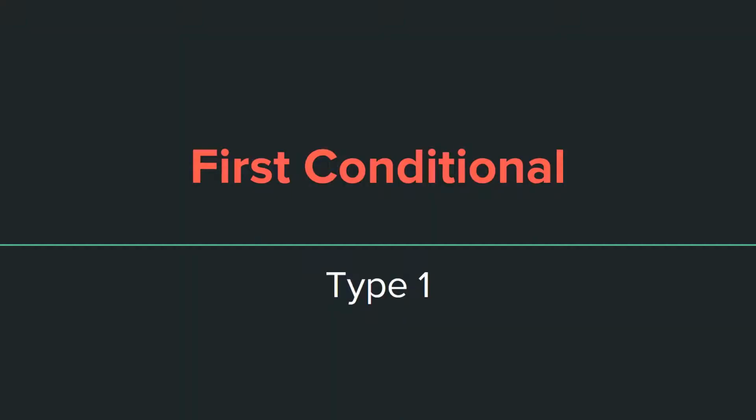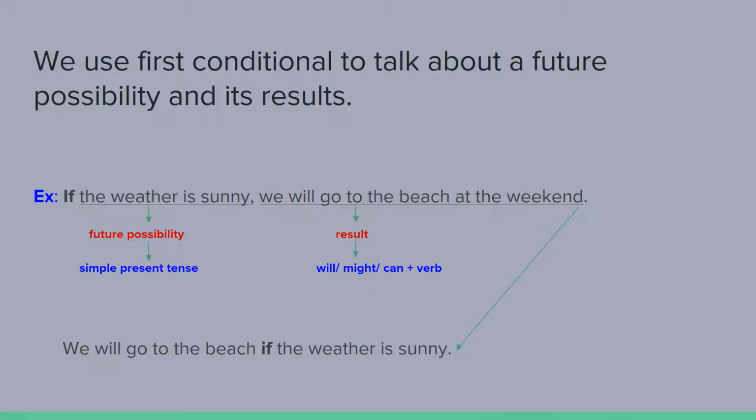The second conditional we will be talking about is the first conditional, which is also called type 1. We use first conditional to talk about a future possibility and its results. If the weather is sunny, we will go to the beach at the weekend.